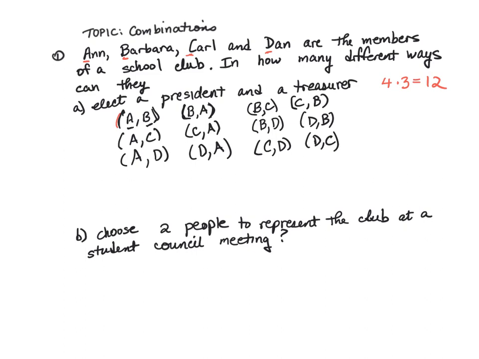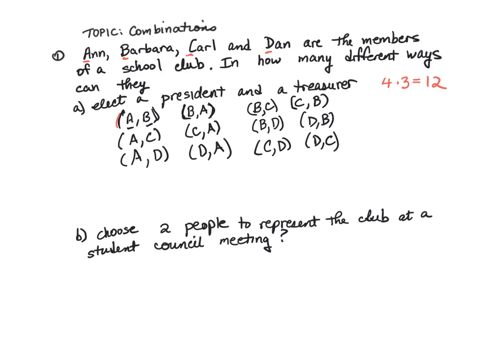Now let's contrast it with part B. Suppose we have Anne, Barbara, Carl, and Dan, who are still members of the school club. This time, we're going to ask in how many different ways can they choose 2 people to represent the club at a student council meeting?